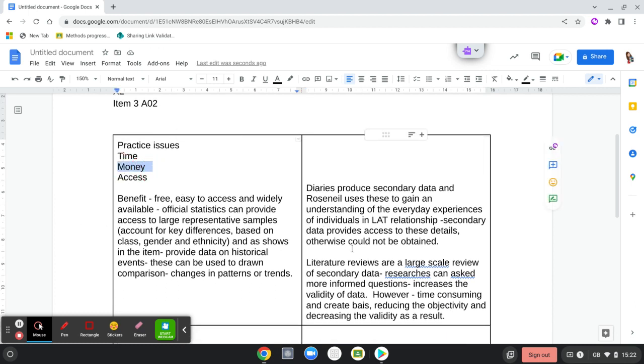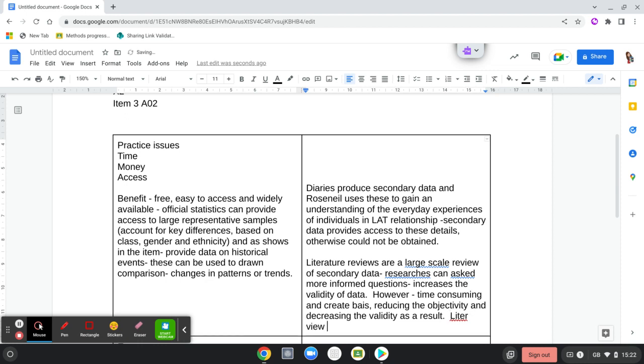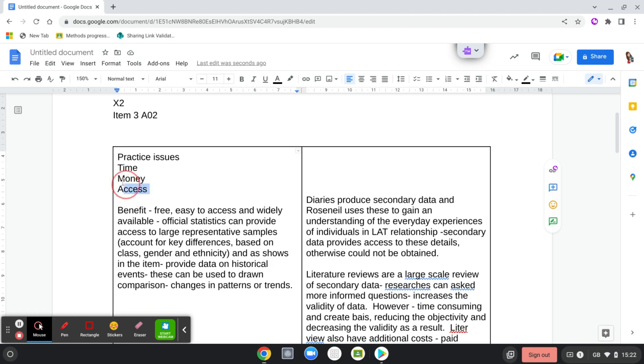I'm going to do cost actually. Literature reviews also have additional costs, as you often need a paid subscription to access. So done access to samples, money and time.